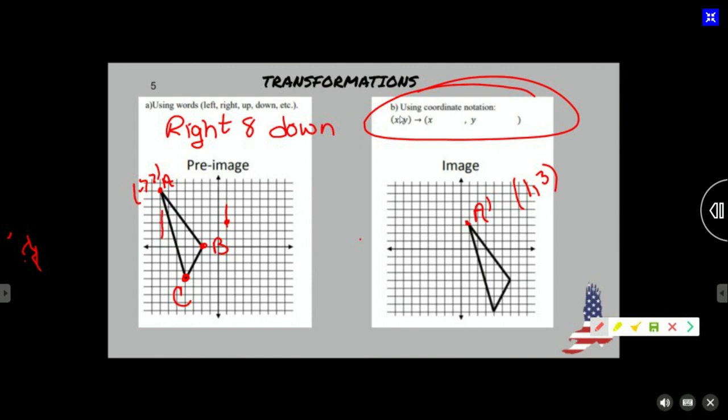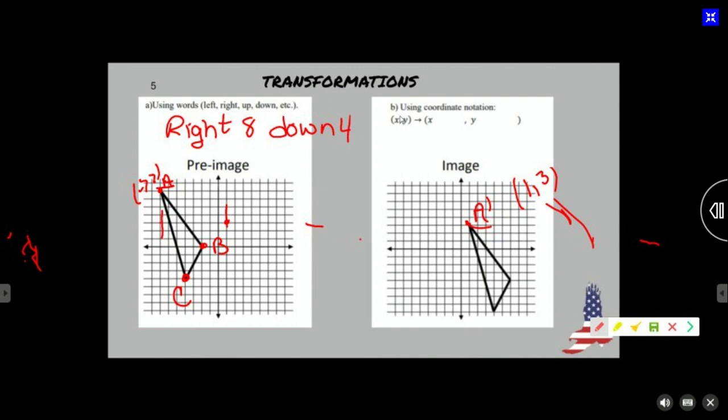Now I'm going from 7 down to a 3. So I'm up here at 7 and I come down to 3. Down 4. So tell me now, what do I write in here? Write 8.